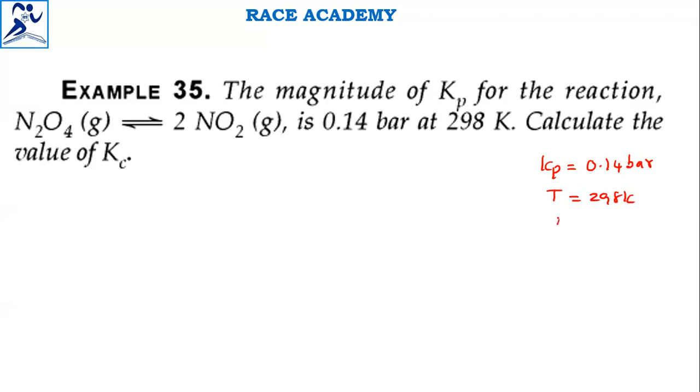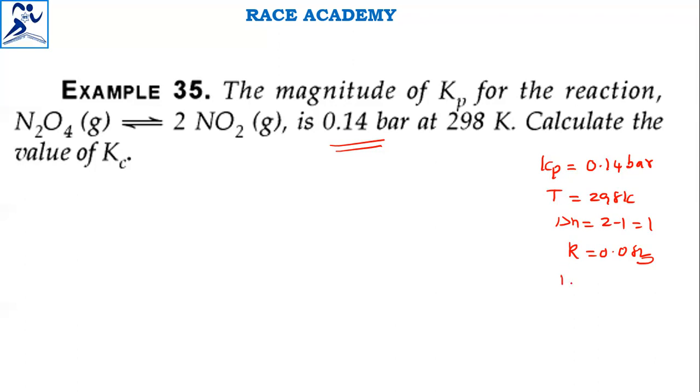In that equation we can find delta N, that is 2 minus 1, that is 1 only. And coming to the R value, 0.082 we can take, but the point is very clear, since the Kp is in bar, we have to consider 0.083 only, and the temperature value, everything they have given.